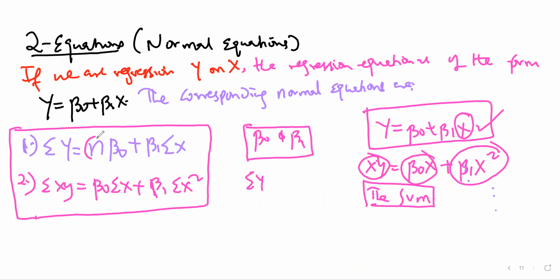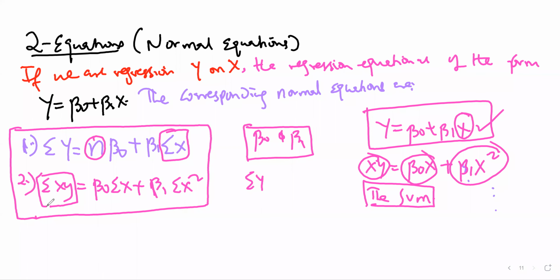N is the number of observations in the data, so that should be easy to get. Summation of x, you'll get it from the data. Summation of x multiplied by y, you'll get it from the data. Actually, if you recall what we were doing in correlation analysis, you know how you can get these values of summation of y, summation of x, summation of xy, summation of x squared. You can quickly get them from your calculators if you don't want to do it manually.